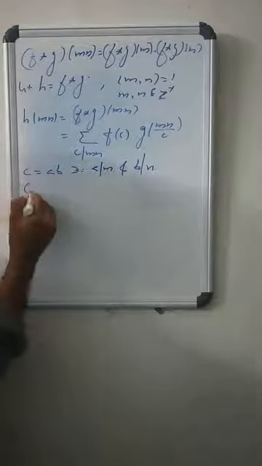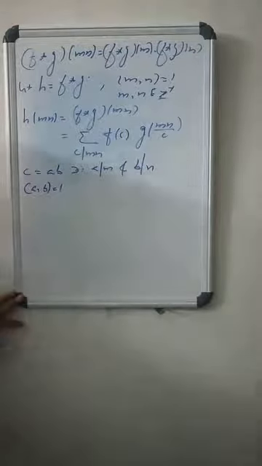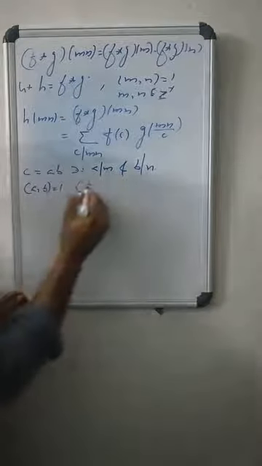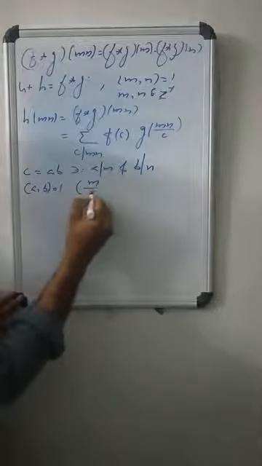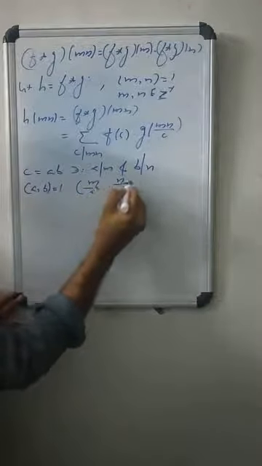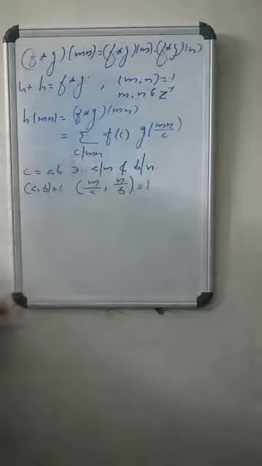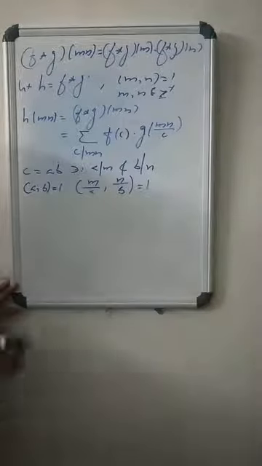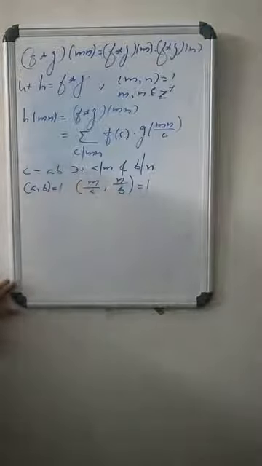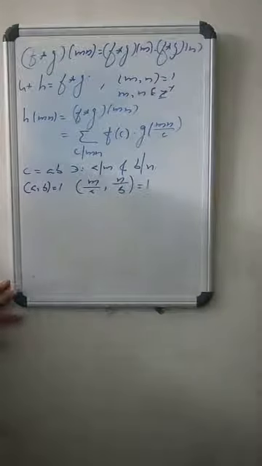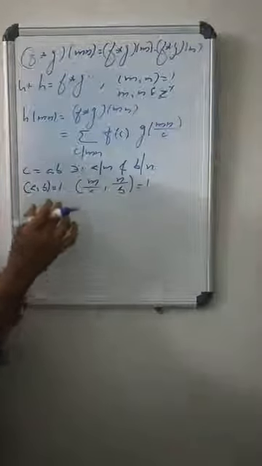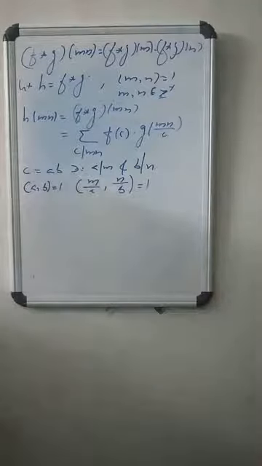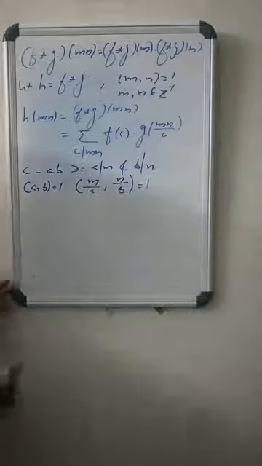Moreover, a and b are relatively prime. Since m and n are relatively prime, clearly m by a and n by b are also relatively prime. Thus, there exists a one-to-one correspondence between the set of products ab and the divisors c of mn.